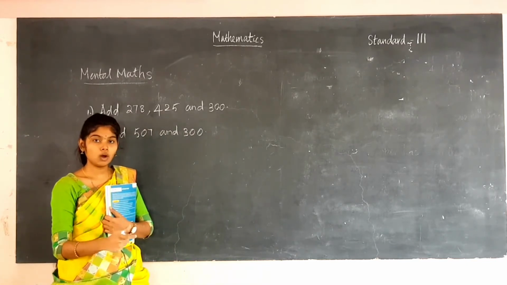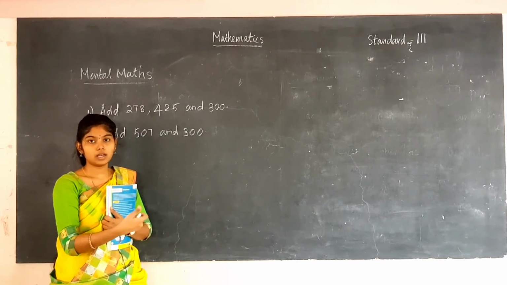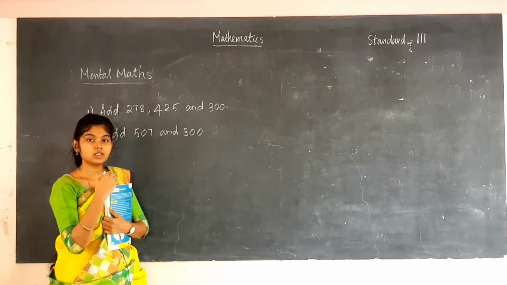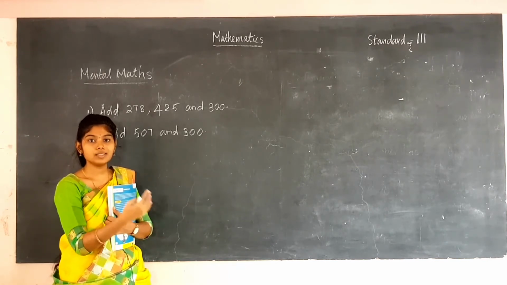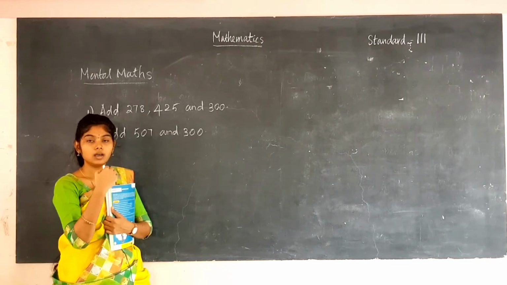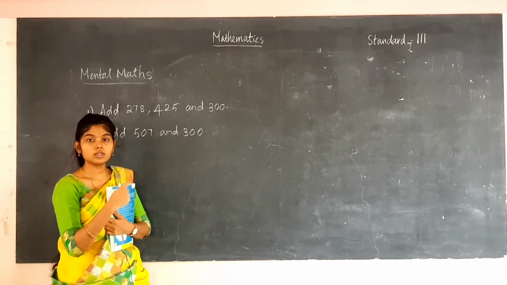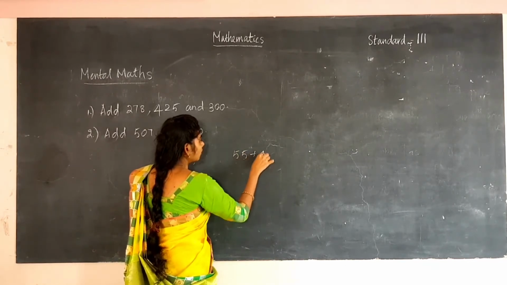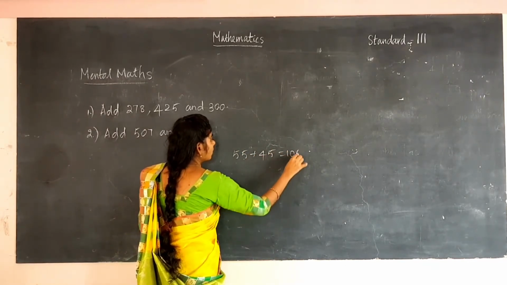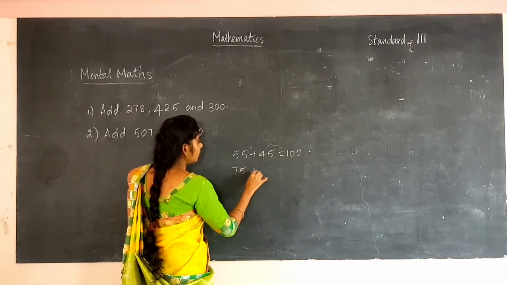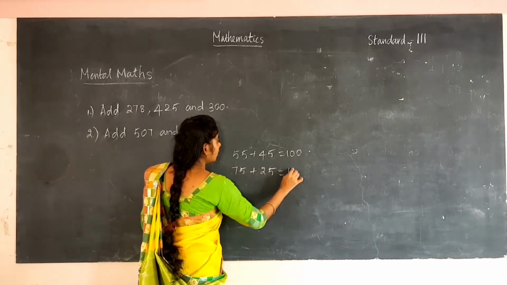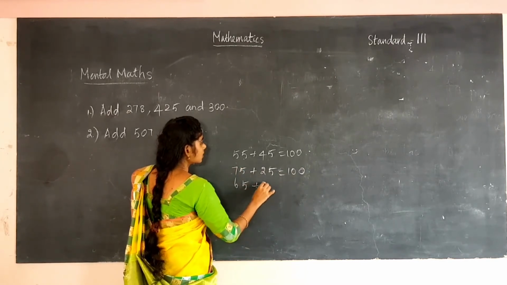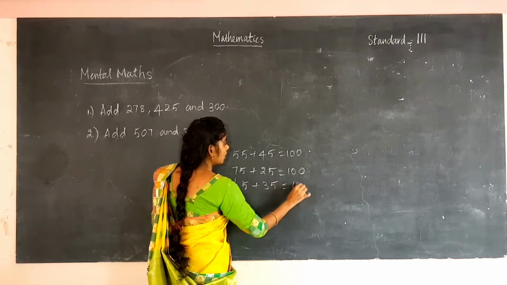Before that you must know about friendly numbers. So 70 plus 25 is 75 plus 25 is 100. Likewise 85 plus 15 is 100. You have to know more numbers: 55 plus 45 is 100, 75 plus 25 is 100, and 65 plus 35 is also 100.